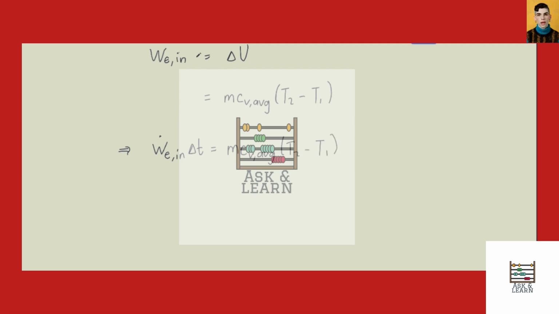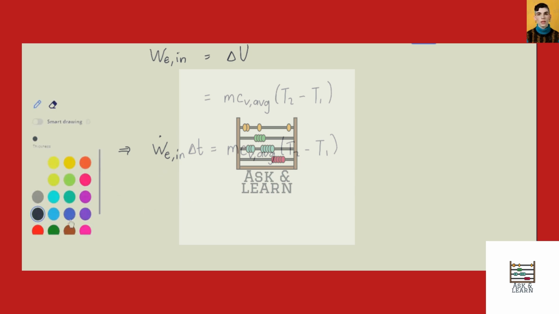So we replaced the work by the rate of change of work times delta t. And this rate of change of work will tell us the power rating of the heater. So the change in energy with respect to time gives us a power.